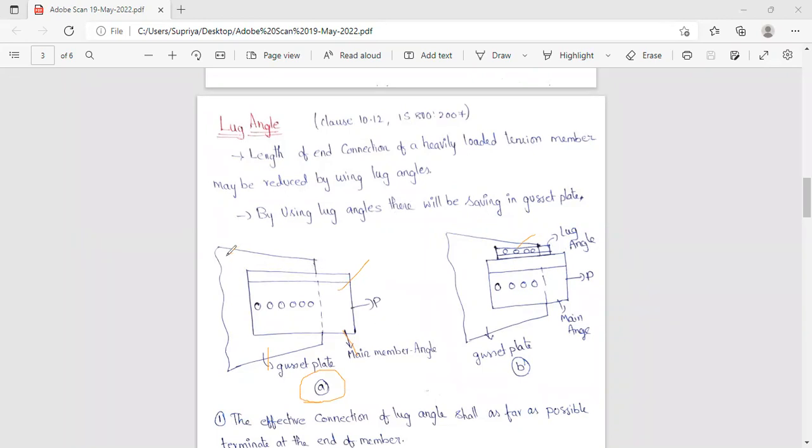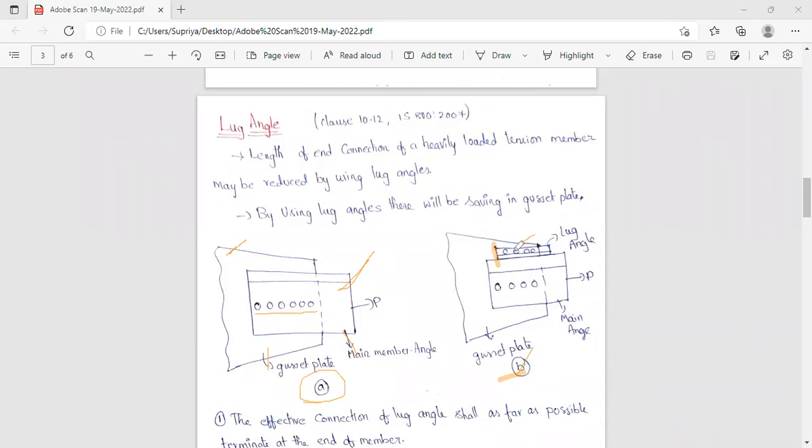When you use the gusset plate and main member, the length of the connection will be more. Figure B shows when we use the lug angle, what is the change. Okay, so this is how the lug angle works.